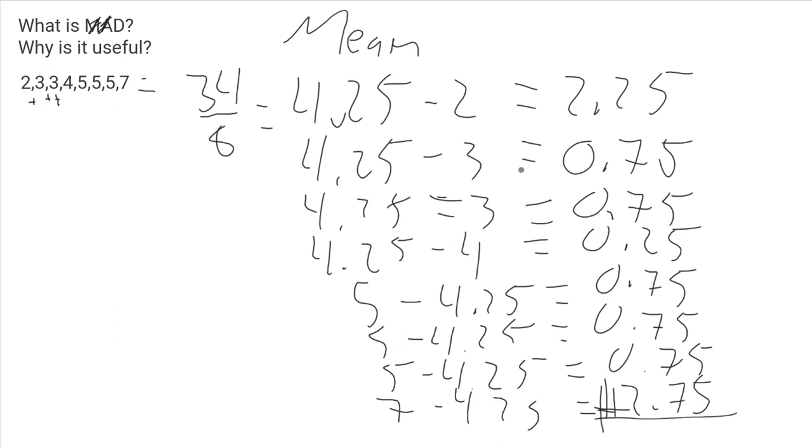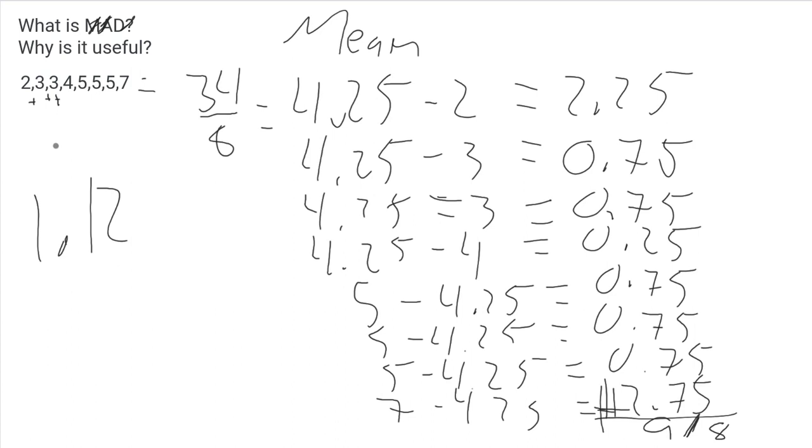And I get 9. That has to then be divided by how many pieces of data I have: 8. So that's the deviation portion. Divide by 8. And I get 1.12.